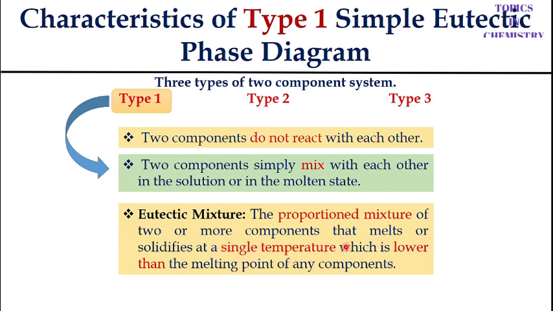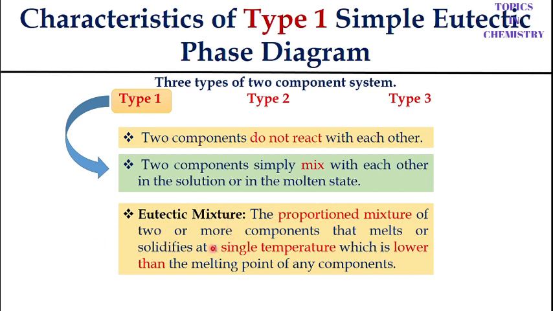Remember, the two components melt or solidify at a particular temperature which is lower than the melting point of any of the components. This mixture is called eutectic mixture.